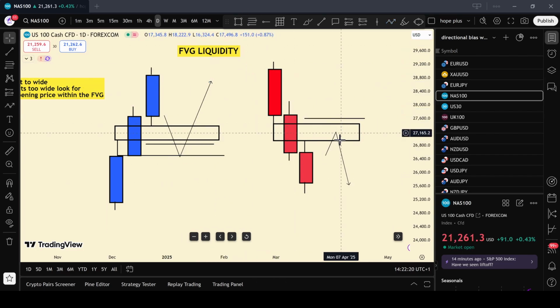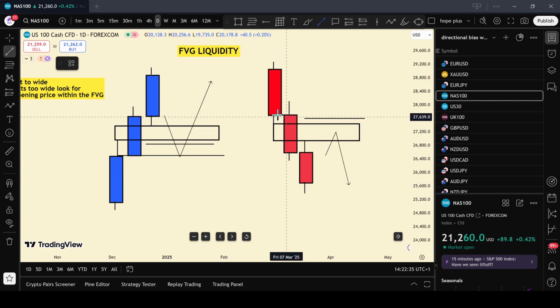The same thing applies with a bearish move. Instead of engaging within the fair value gap, I'll simply use that fair value gap as liquidity. So I place my entry at the opening price, the continuation opening price.